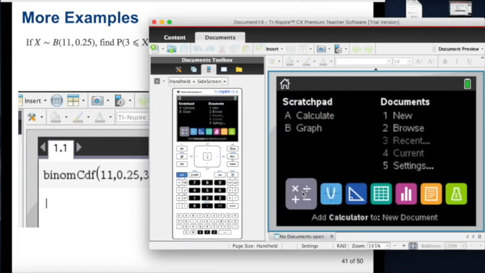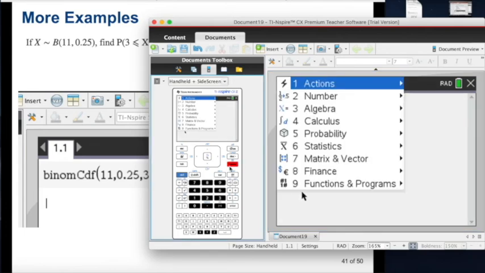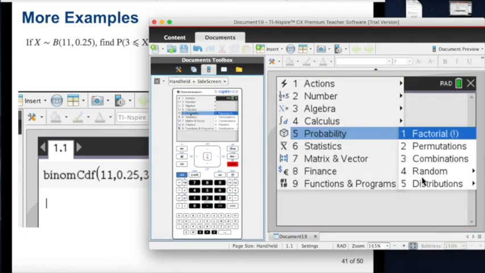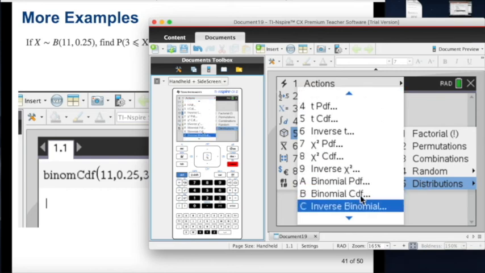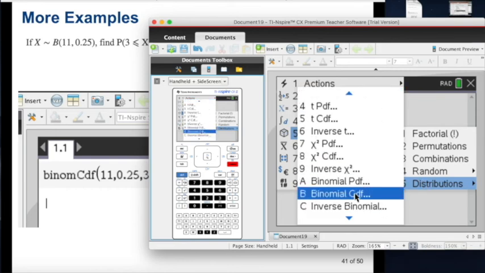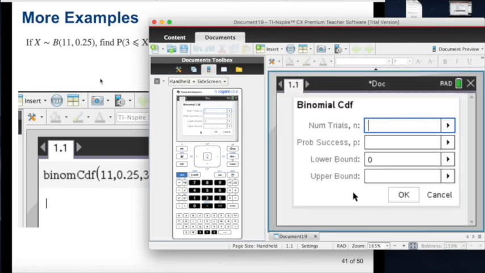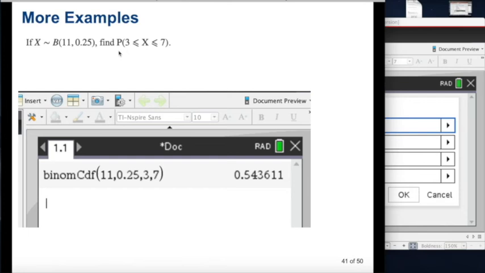Okay, we go to calculate, menu, probability distribution, and of course here we use binomial CDF, cumulative, because the required probability of success is given in a range, not an exact value.